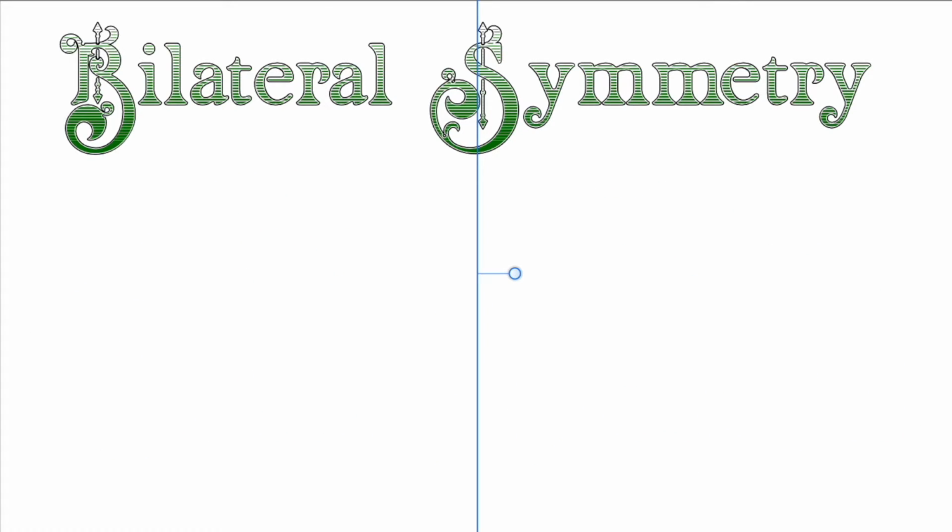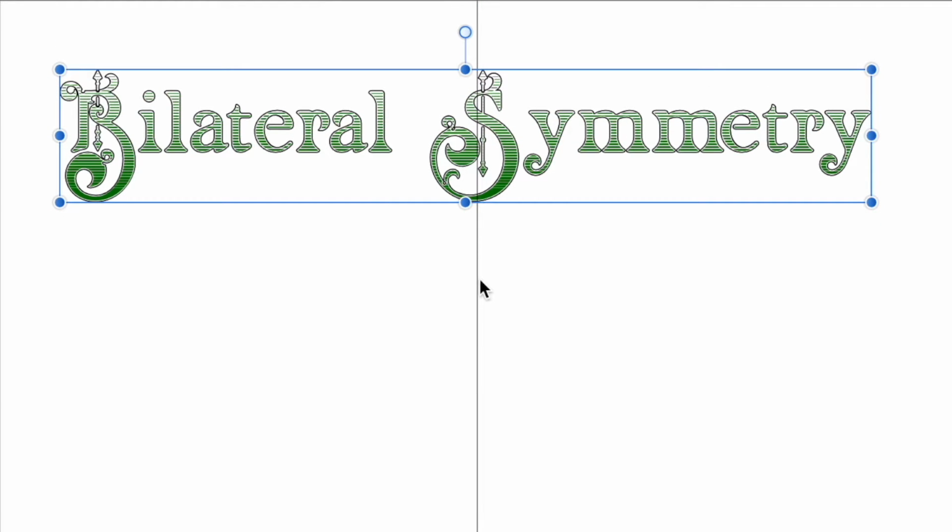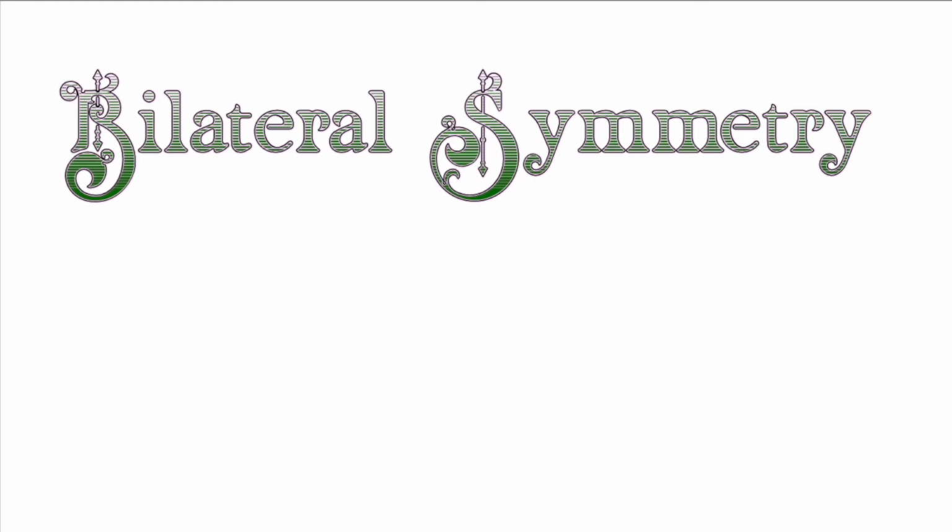Humans are really good at seeing bilateral symmetry, to the point where if you look at the words bilateral symmetry, they look unbalanced to me. That center line goes through the capital S, and that makes it look a little bit messy to me. Let's get rid of the capital S. So even with just the words, there's a pattern: the capital B, capital S, capital first letter of the word.